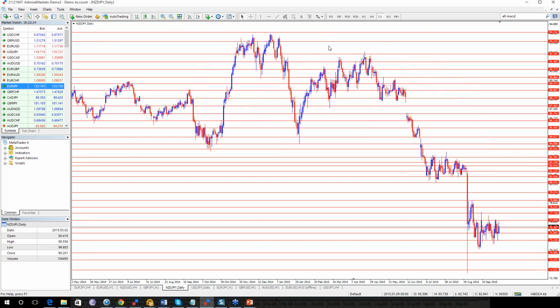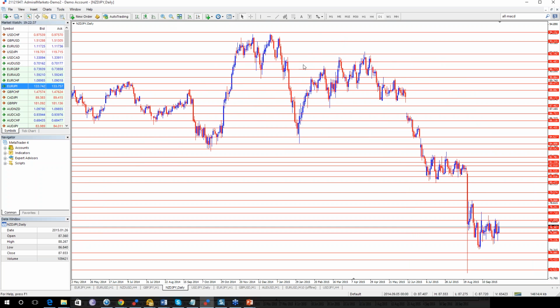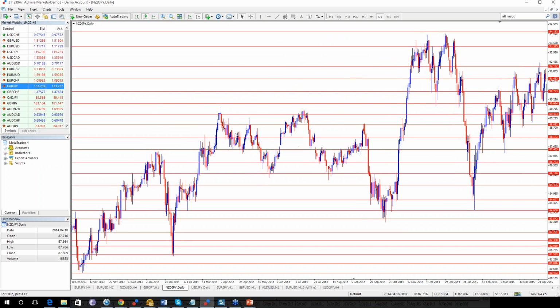You just need to place lines. You can also do it like this. Place the lines. It doesn't have to be very, very precise. Then when you place the line, zoom in and check. Just do a little bit of adjustment. And you see how price reacts to those levels.